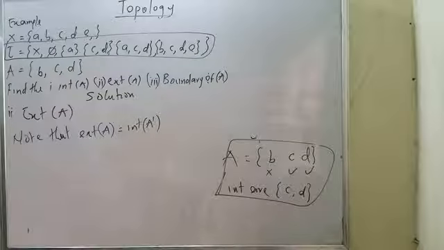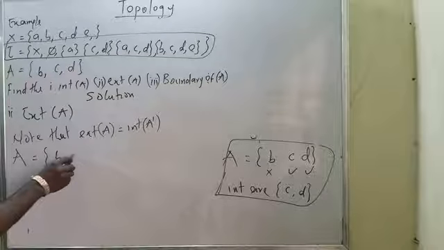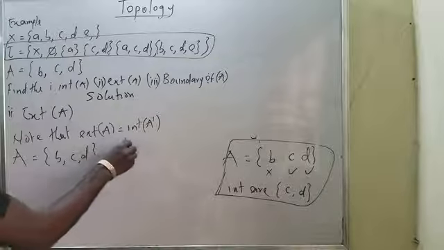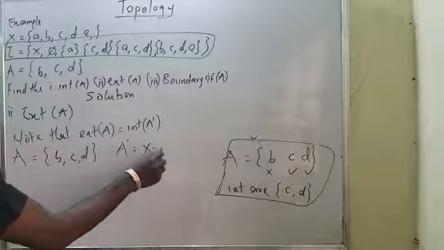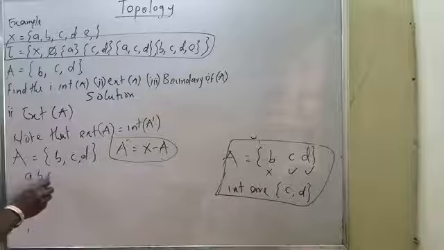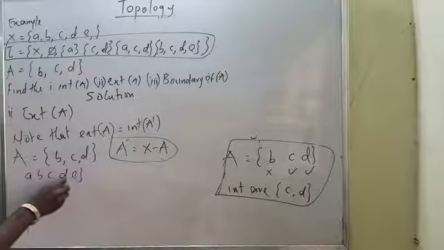It means since my A equals to B, C, D, my prime of this will be equals to X minus A. I think we all know that any exterior, by having this statement, I can easily say that what is my X? My X is A, B, C, D, E.